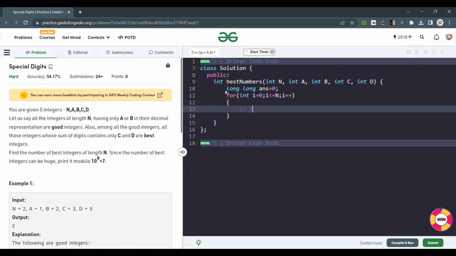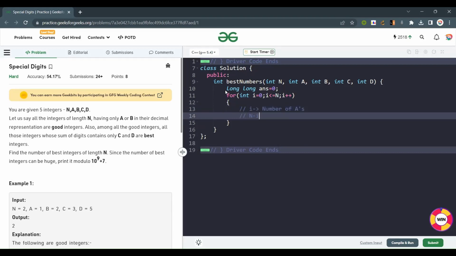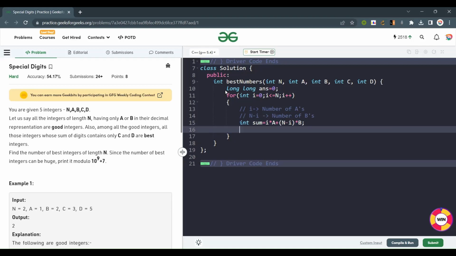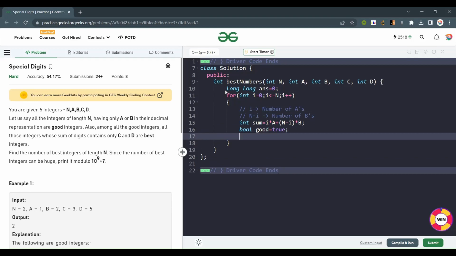What is i depicting? The number of A's. What is n minus i depicting? The number of B's. So the sum will be i into A plus n minus i into B, as I already said. Now, let's consider this is a good integer.